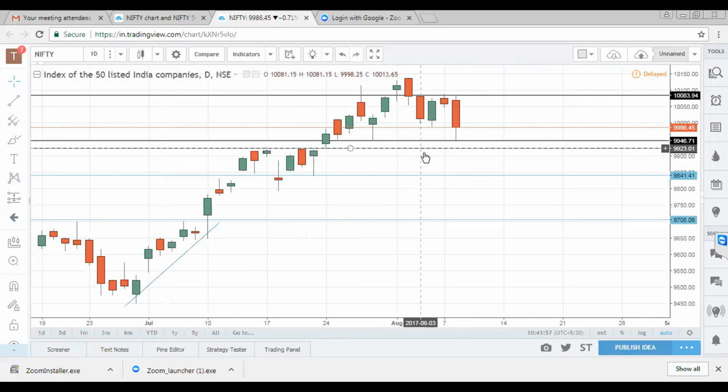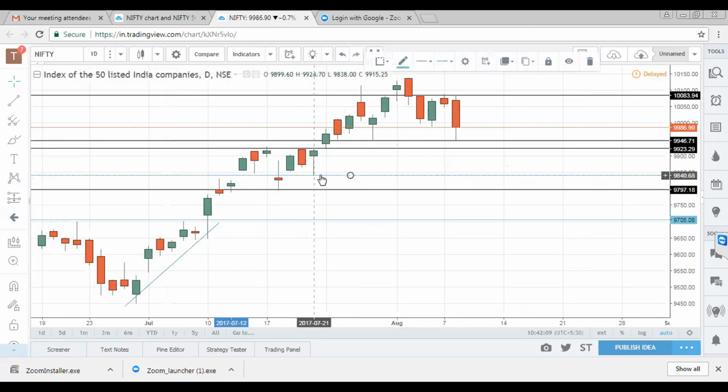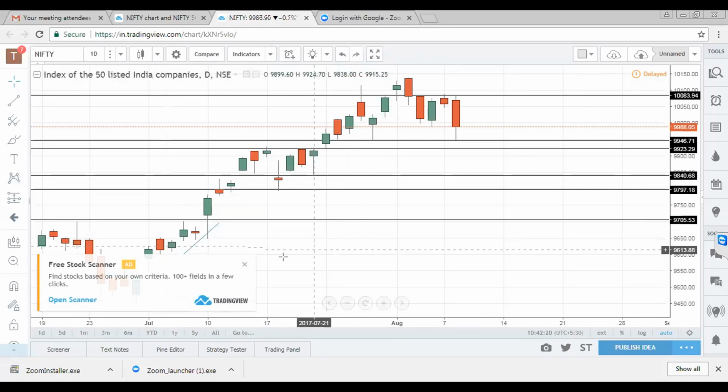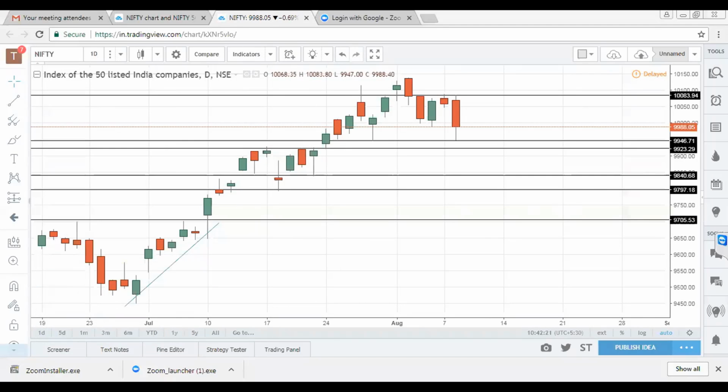If it reaches this, it reaches directly 9840, and the second target is straight away 9700. Okay, so we can put lines over here at this low and at this low, and then straight away at 9700. So let me take a print screen of this.